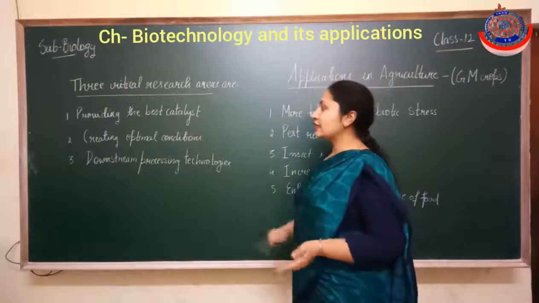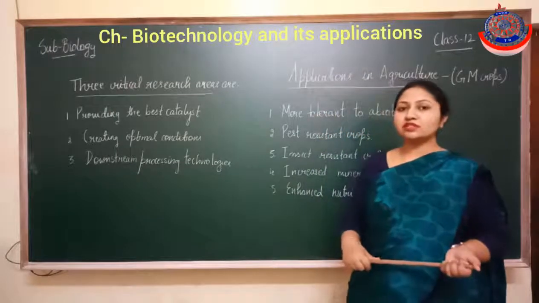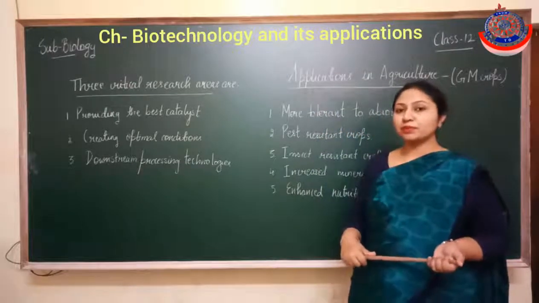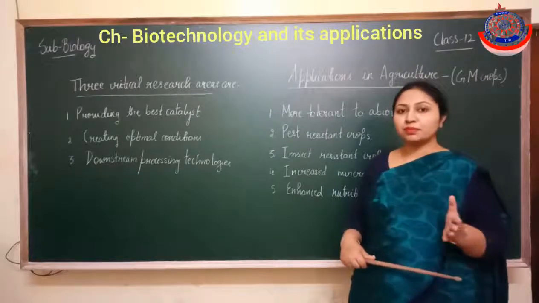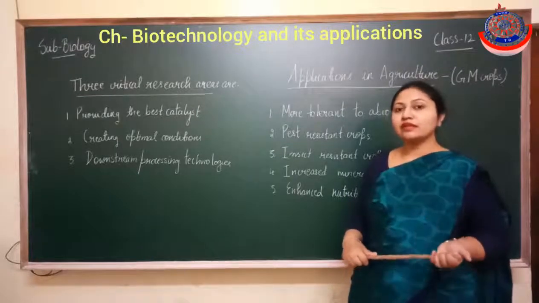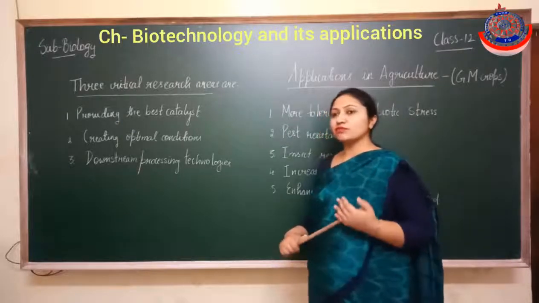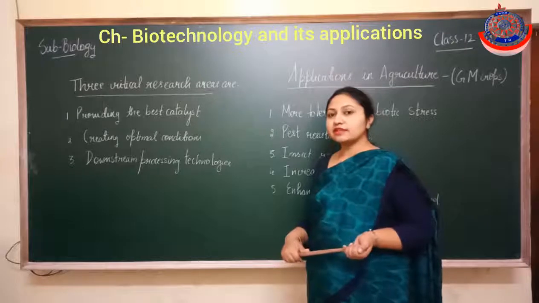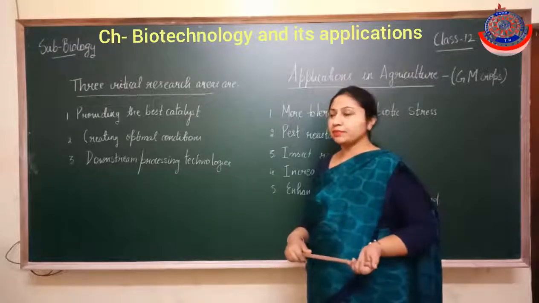Next, creating optimal conditions. Creating optimal conditions means that optimum pH, optimum temperature and other optimum conditions should be provided, so that the microorganisms or the other plant cells or animal cells which we are using as a catalyst will be able to grow properly in that medium.